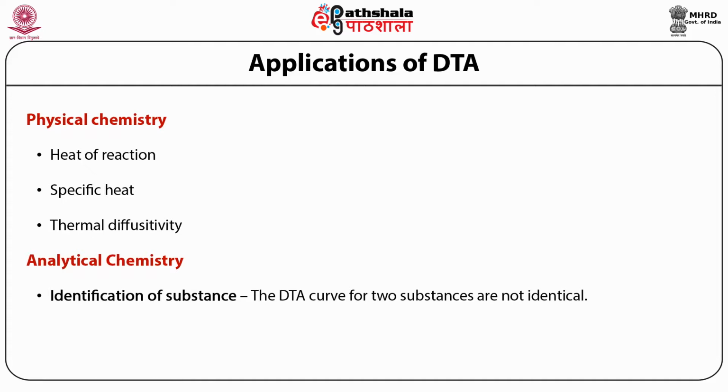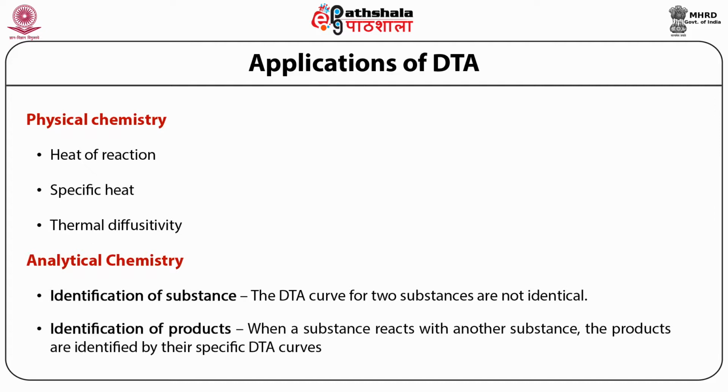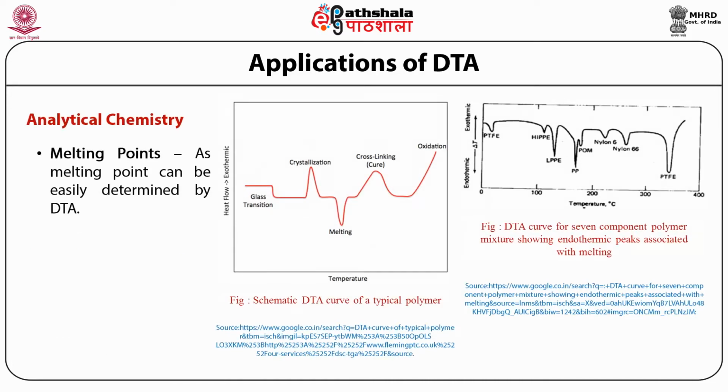The DTA curves for two substances are not identical, therefore they serve as fingerprints for various substances. Identification of products: when a substance reacts with another substance, the products are identified by their specific DTA curves. As melting points can be easily determined by DTA, this technique can be used as a direct check of the purity of the compound.